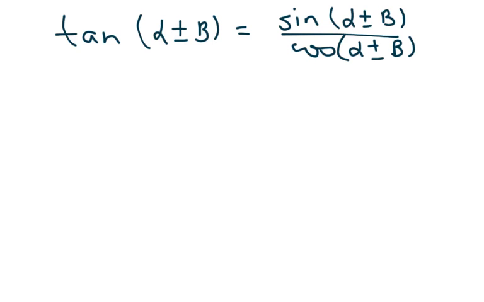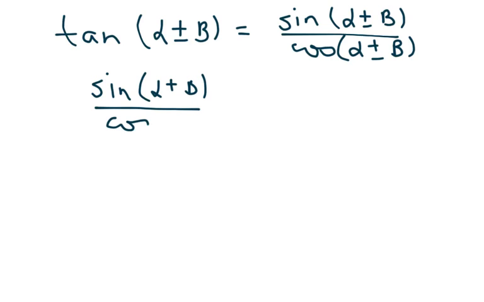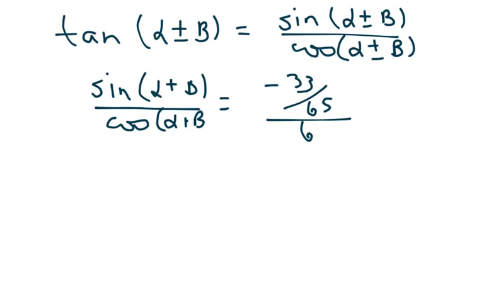Since we've already done these, I am just going to do first the sine of alpha plus beta over cosine of alpha plus beta, and I get negative 33 over 65 over 68 over 65. These two cancel, and my final answer is negative 33 over 68.